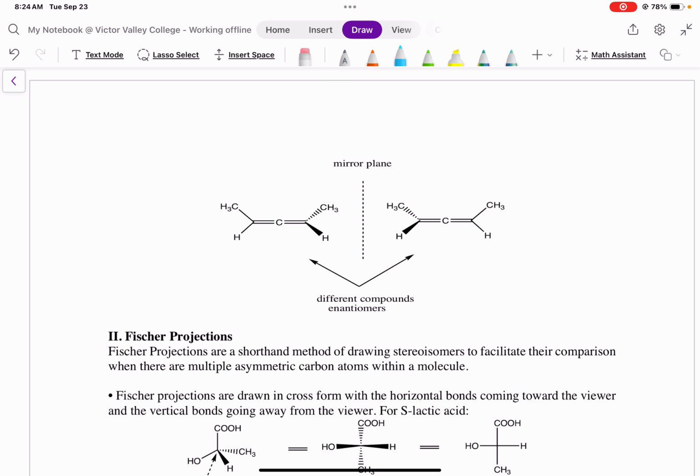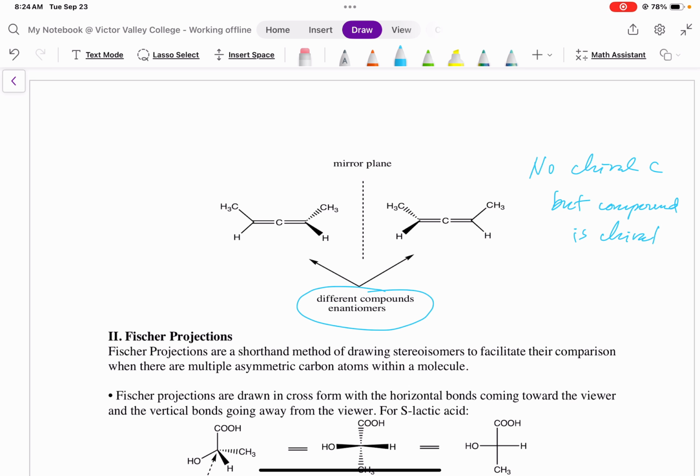There's no chiral carbon, but the compound is chiral, because if you build a mirror image and you try to stack them, they're not stackable.